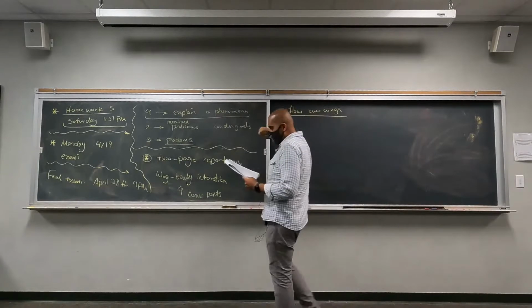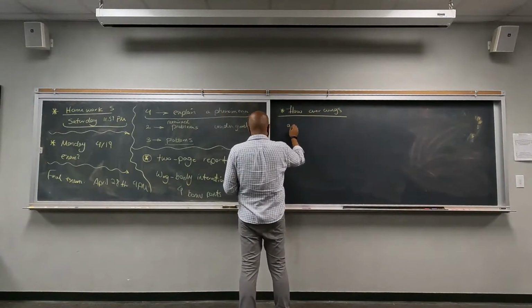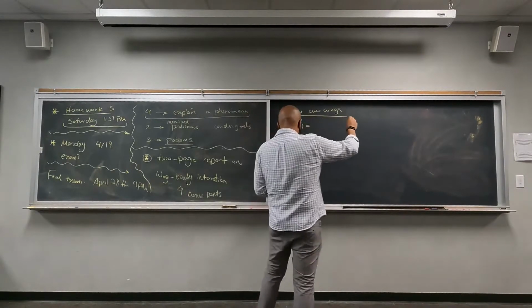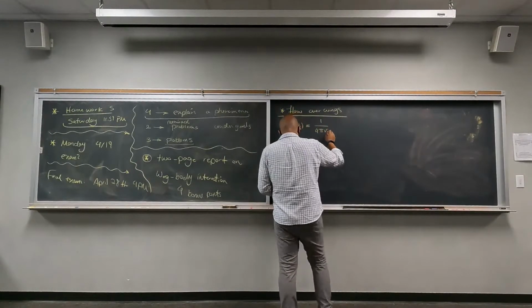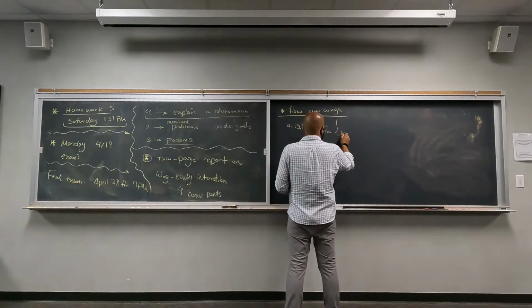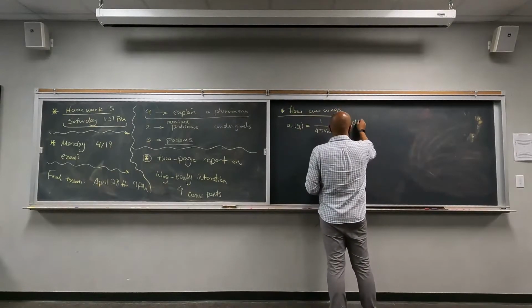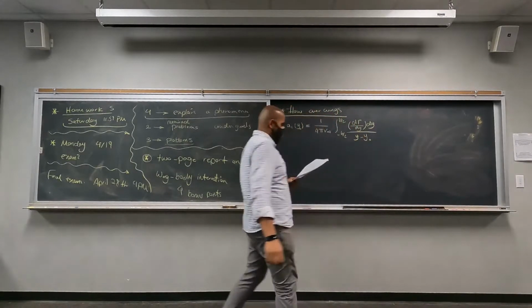If you recall, we were able to calculate the induced angle of attack as a function of y, which was equal to 1 over 4 pi v infinity integral from negative b over 2 to b over 2 of d gamma dy divided by y naught minus y.